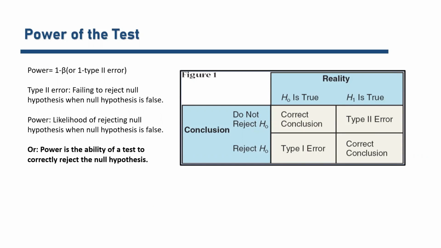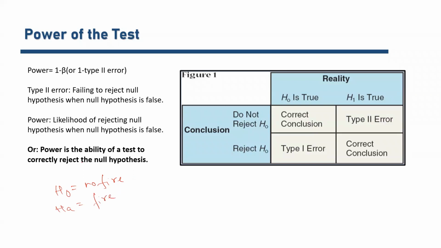So as I said, power is the likelihood of rejecting the null hypothesis when the null hypothesis is false. In case of the fire alarm, the null hypothesis is that there is no fire, right? We always assume something as innocent, right? There was no fire. The alternate hypothesis was that there was a fire.